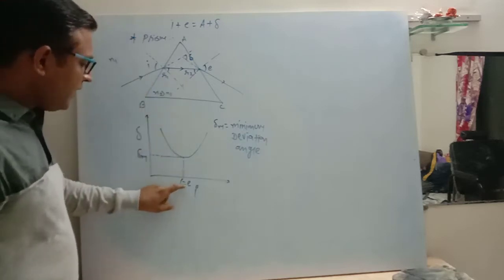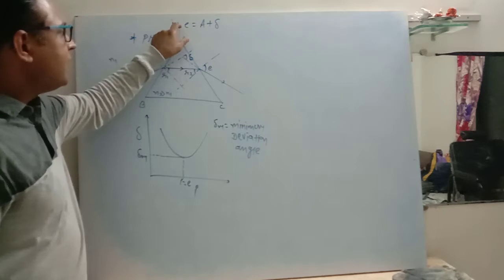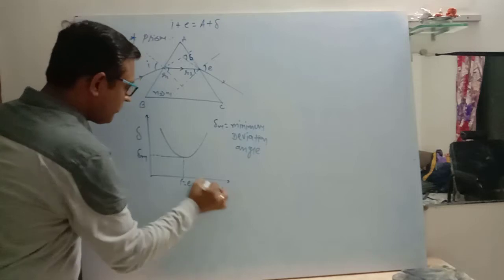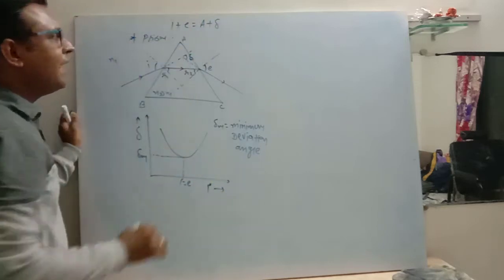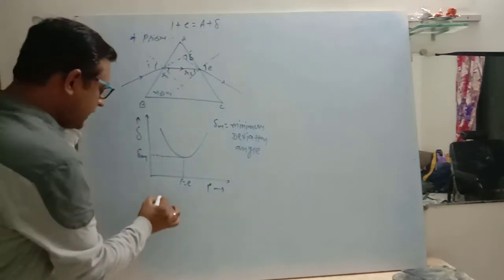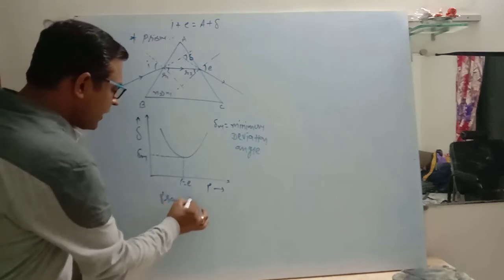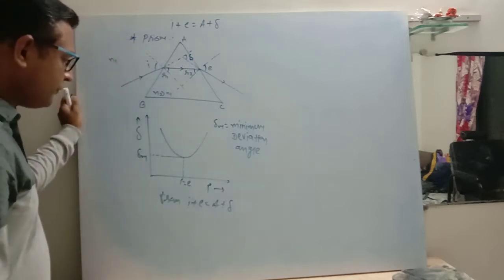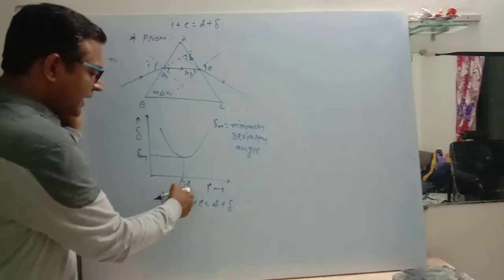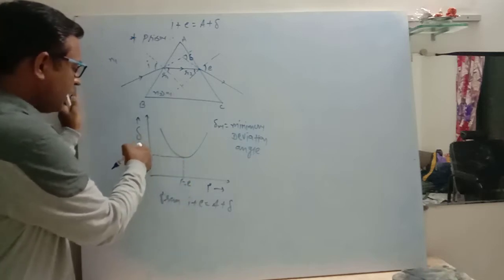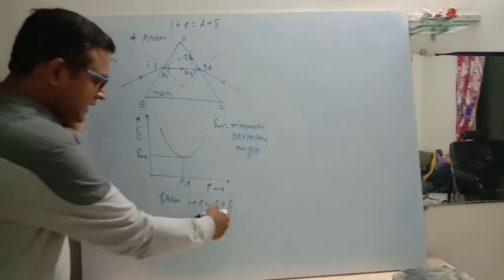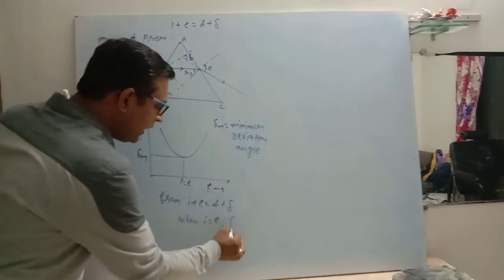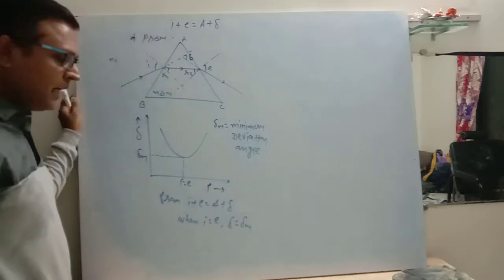Now whenever I is equal to E, from the equation I plus E is equal to A plus delta, we have to use delta as delta M. That means when I is equal to E, the deviation angle is minimum.